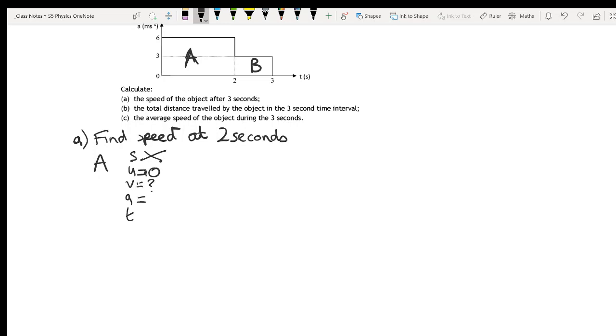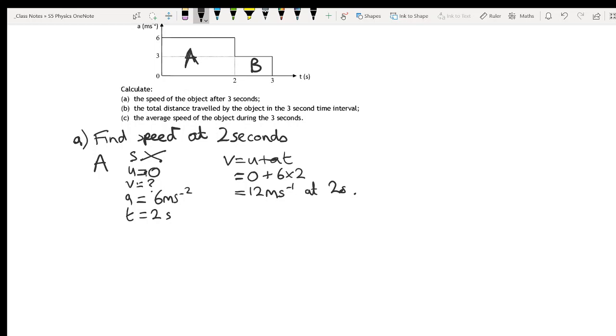The acceleration for the first 2 seconds is 6 meters per second squared, and time is 2 seconds. So to find V after that first section, V equals U plus AT. So 0 plus 6 times 2. So 12 meters per second at 2 seconds.